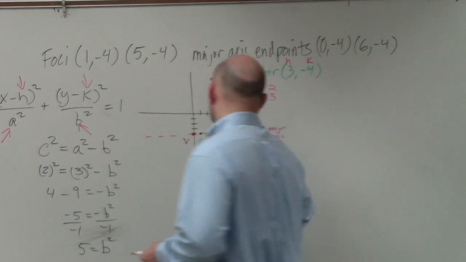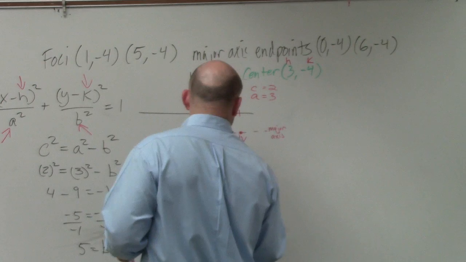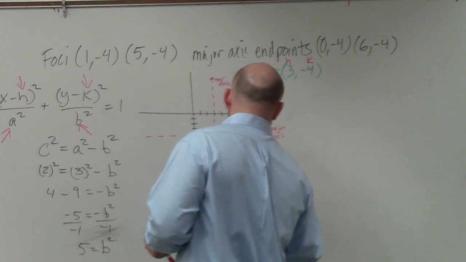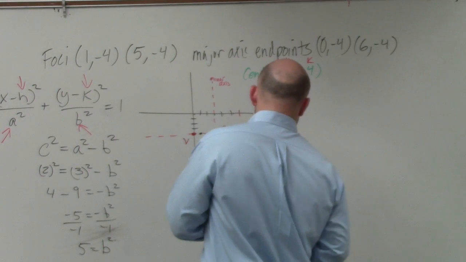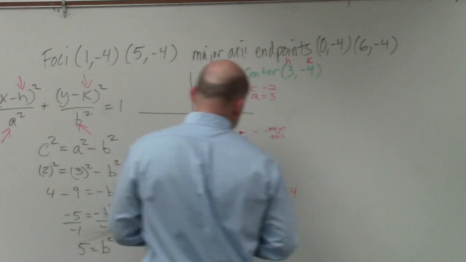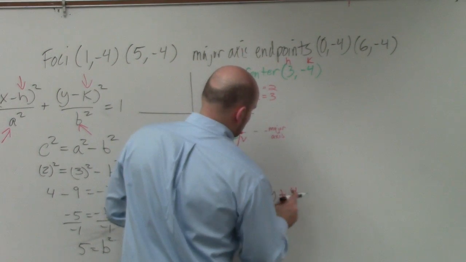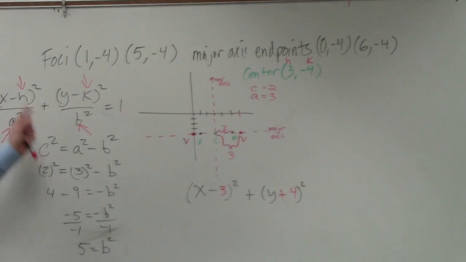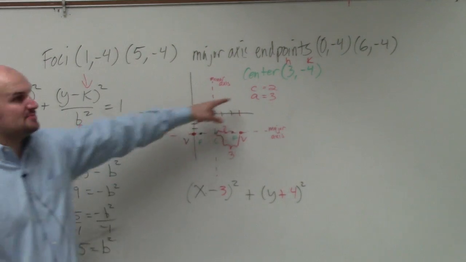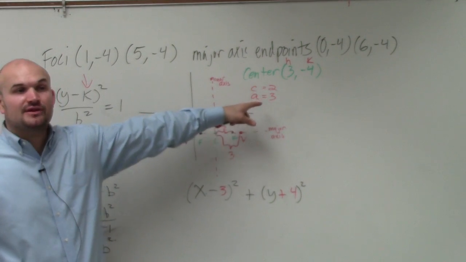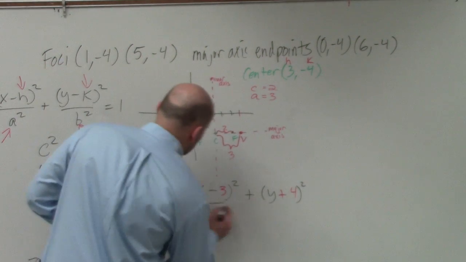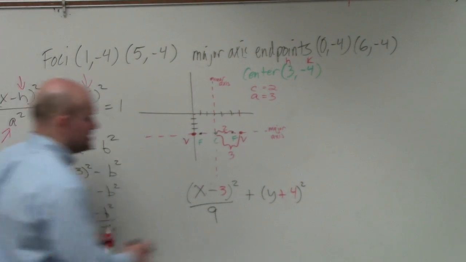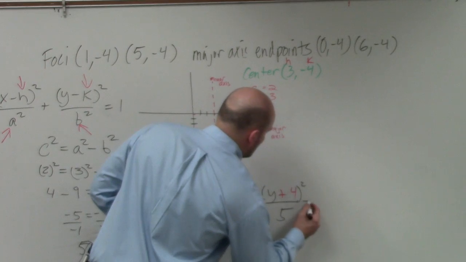So (x minus 3) squared plus (y plus 4) squared. And then now I need to divide by a squared. I have a. A is 3, so a squared is going to be 9. And then I didn't solve this for b, I just left it as b squared, which is 5. And then it's equal to 1.